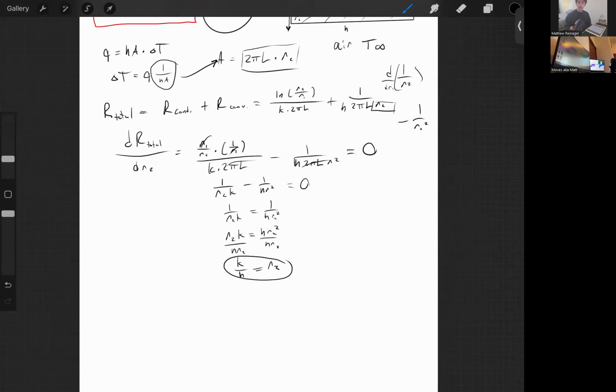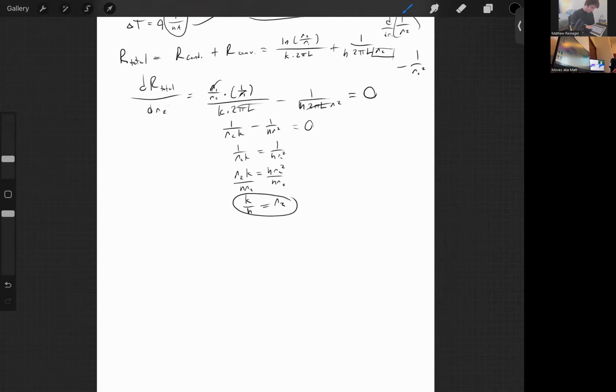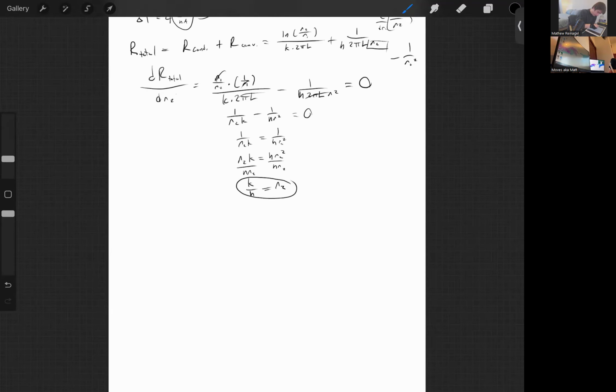So now we have this critical value. To get a maximum or a minimum of an equation, what you want to do is take the second derivative and then apply that extrema, and see if it is a positive or a negative value. So let's go ahead.